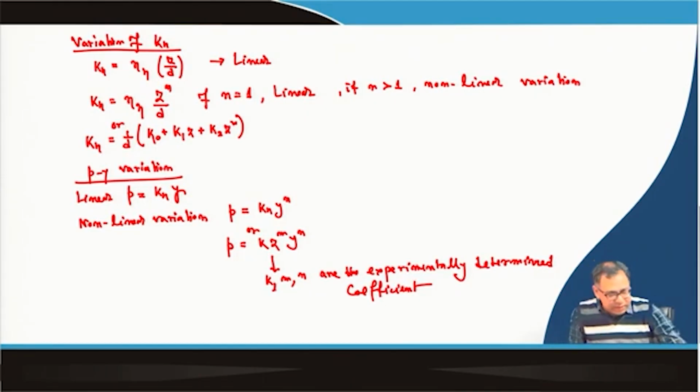So, that means here not only can you give different variations of kh, but you can give different variations of the Py. That means in the previous expressions the stress strain behavior or the load settlement behavior is linear, but you can put a non-linear variation also. The first one is the linear variation, the second is the non-linear variation.